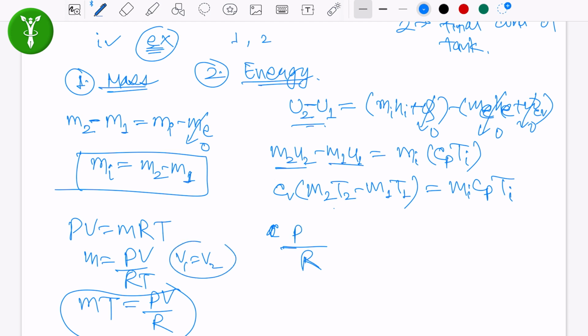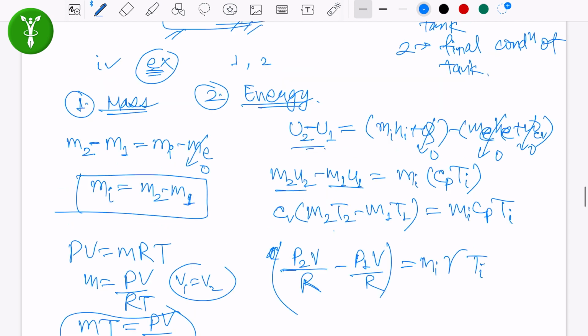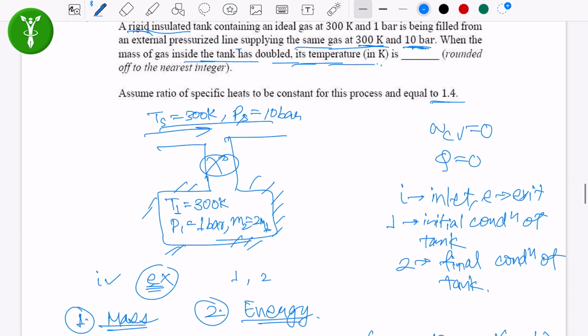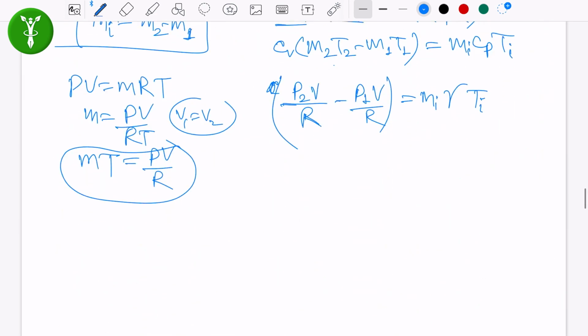So I will write it like P2 V by R minus P1 V by R. Hence I will move this cv to the right hand side. So cp by cv will be gamma, and the gamma value we can take as 1.4 as given. Now we can write it like P2 minus P1.